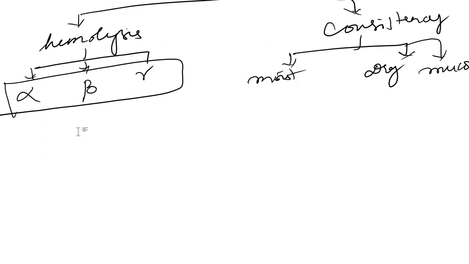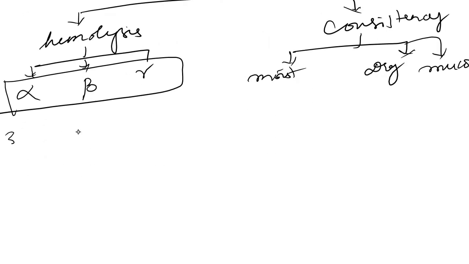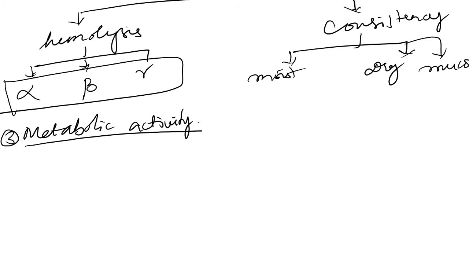So this is all we discuss in the macroscopic morphology of the bacteria. Now, number three was the metabolic activity. Once you are done with the outer morphology of the bacteria, here you are getting inside the bacteria. To know what things are present within the bacteria, you need to check for its metabolic activity, whether it has this enzyme so that it produces this.